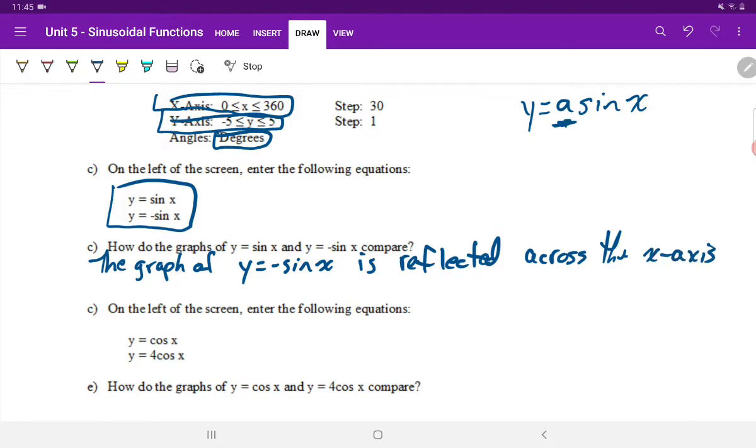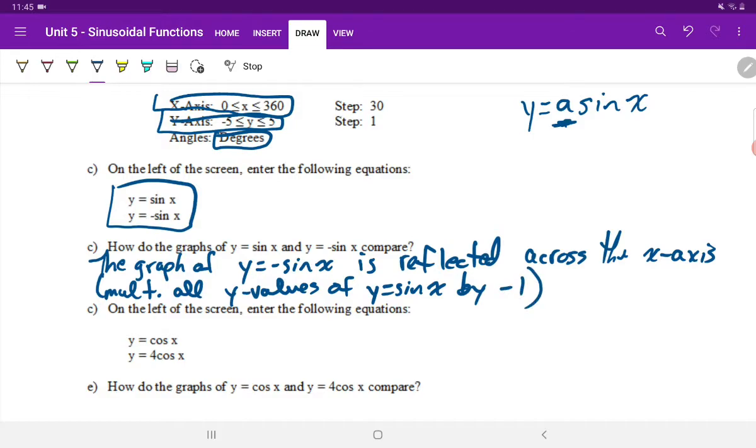Simply, multiply all y values of y equals sine x by negative 1. And if there was a negative 2 in front of sine x, then you would multiply all your y values by negative 2. All right?